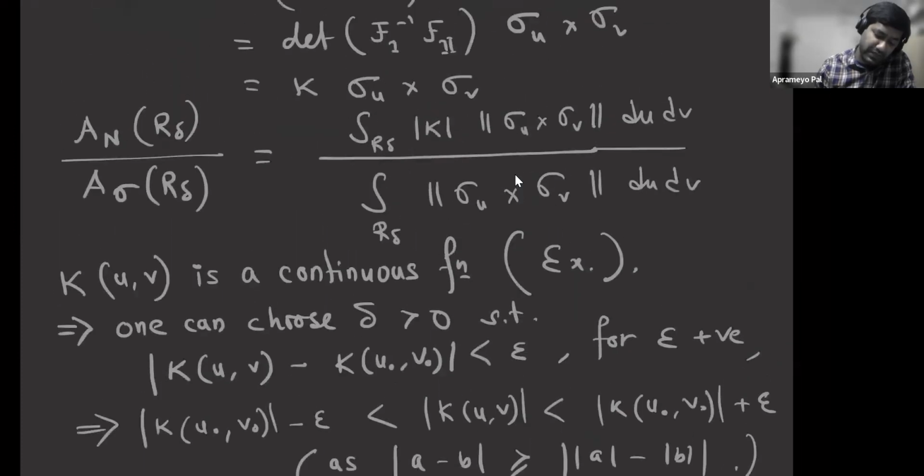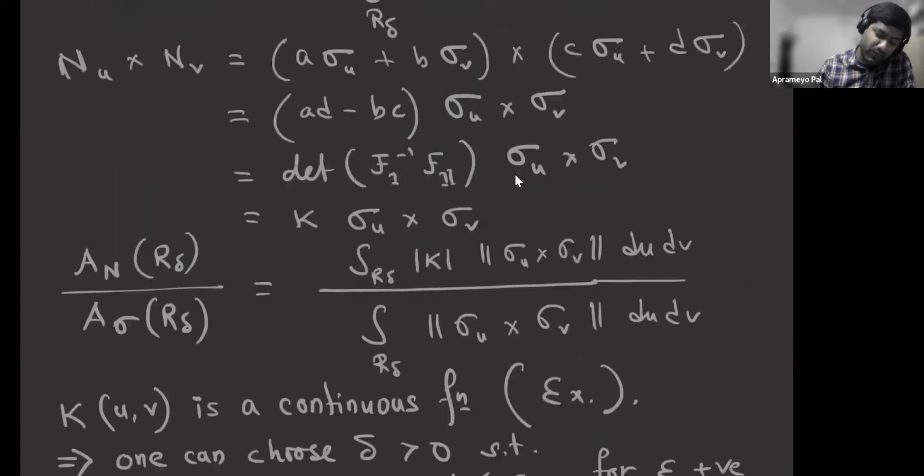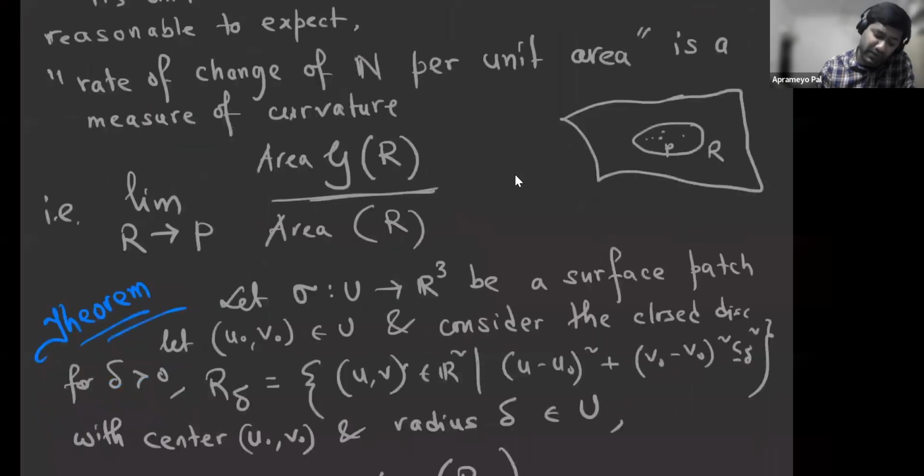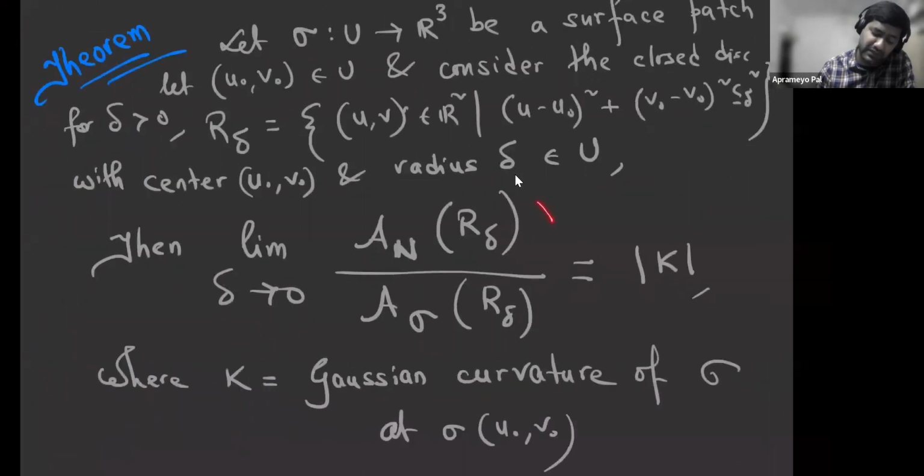Okay, so finally, what we said heuristically, that the ratio of area of G of R divided by area of R, that's exactly what we have written here. This should give you the absolute value of the Gaussian curvature.